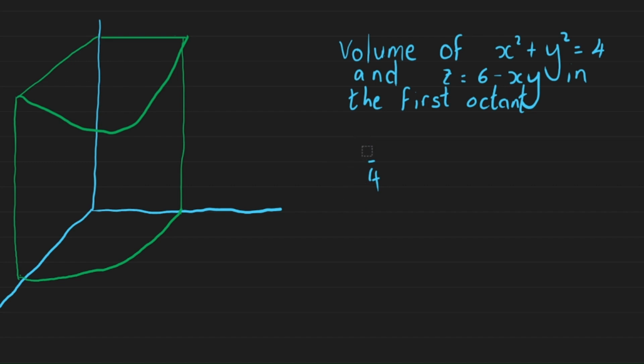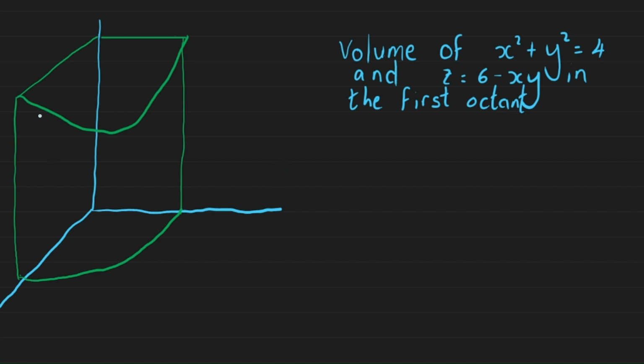So we're considering just the first octant, where x, y, and z are all positive. What we're considering is the cylinder x squared plus y squared is equal to 4, intersecting with the plane z is equal to 6 minus xy.